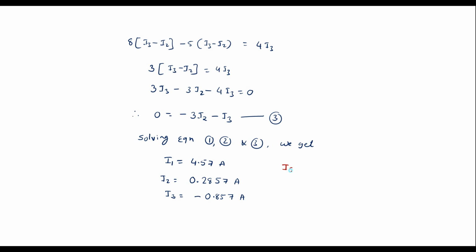We know that Ix is nothing but I3 minus I2. Therefore, Ix is equal to minus 0.857 minus I2, where I2 is 0.2857. Simplifying this, we get Ix is equal to minus 1.1427 amps.